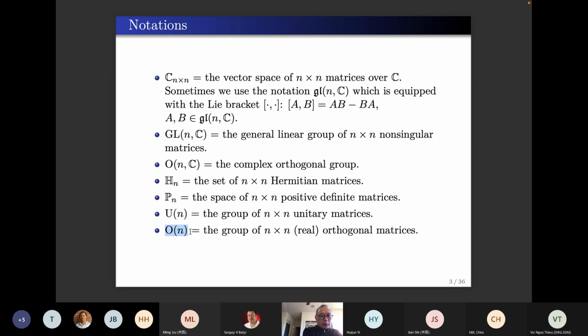And as you saw a moment ago, we have the complex version, O_n(C), the complex orthogonal group. So this guy is the real orthogonal group. I would like to mention that O_n is compact, U_n is compact, this is non-compact as a group, right? GL_n(C) as a group is non-compact as well.